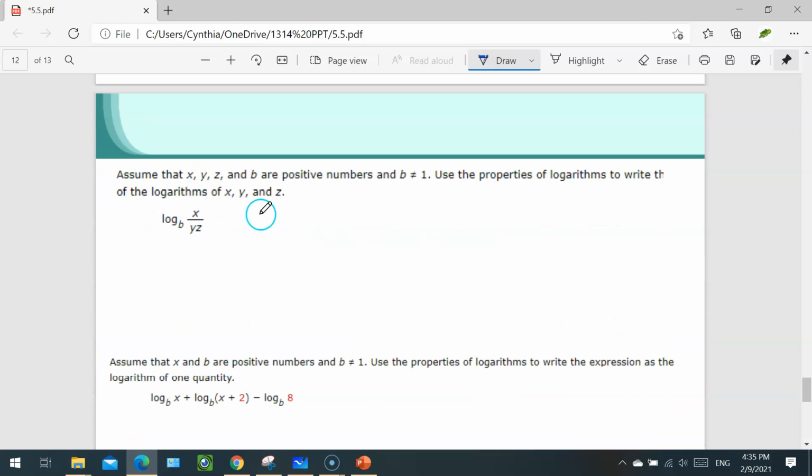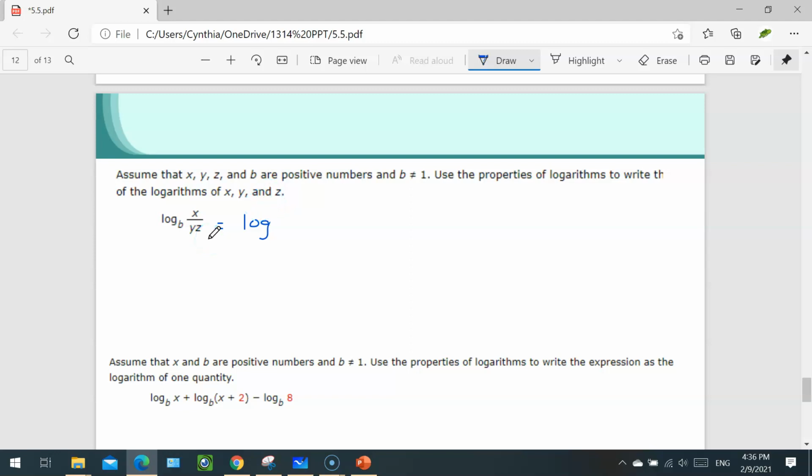We do another two questions here. Assume x, y, z, and b are positive numbers. b is not equal to 1. Use the properties of logarithms to rewrite this logarithm. This single logarithm has a quotient rule here, so we use the quotient rule property to rewrite. So we start to expand. Sorry, I keep saying extend.